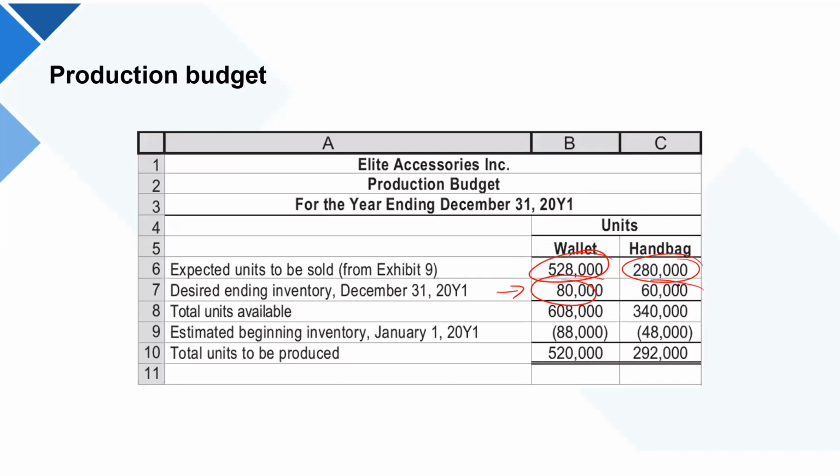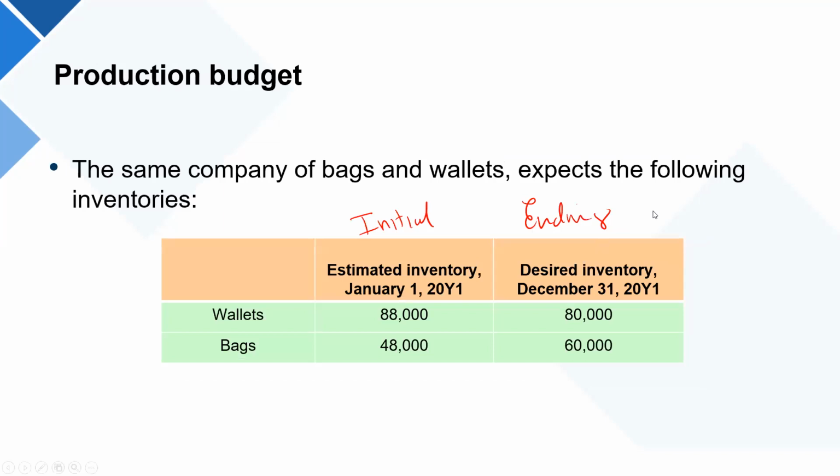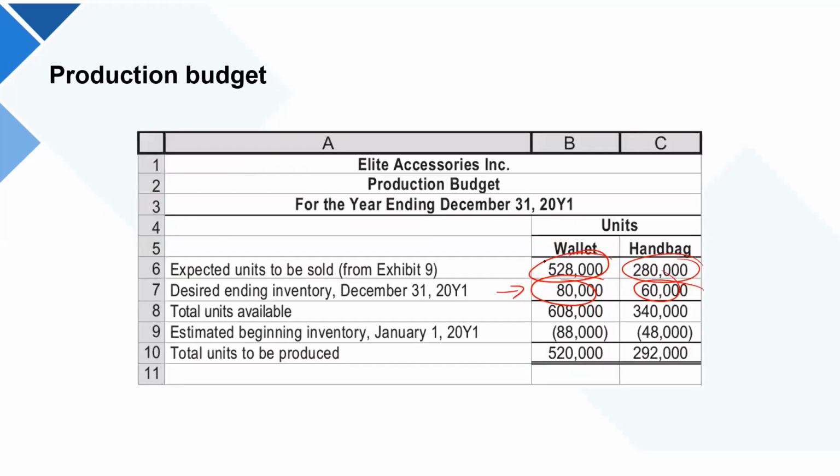It's this one here, and let me use another color so you don't get confused. So this one and this one go here, okay? The addition of these two is the total units available. Those are the units that I need for sales and also to hold as inventory.